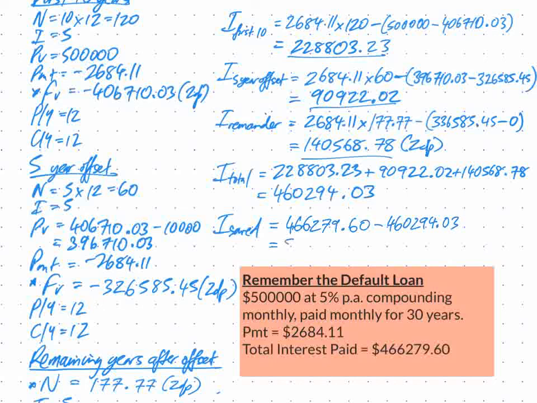That tells me that I saved $5,985.57 by putting away 10 grand for only 5 years.